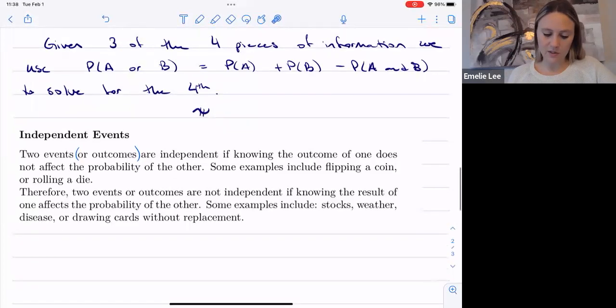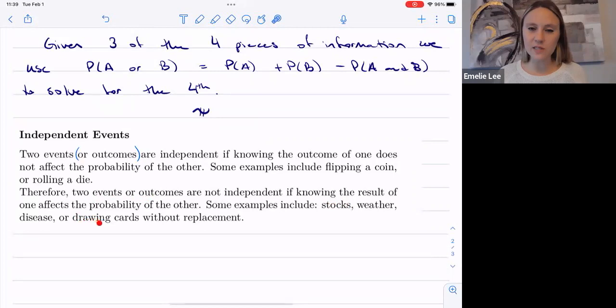Okay, and so two events or outcomes are not independent if knowing the result of one affects the probability of the other. Okay, so some examples that we talk about are stocks, right? Which we understand kind of rise and fall together, right?